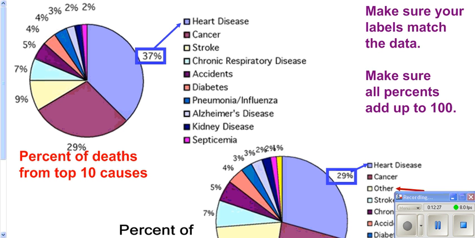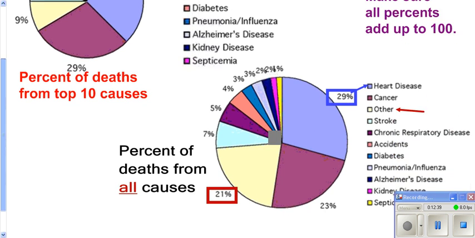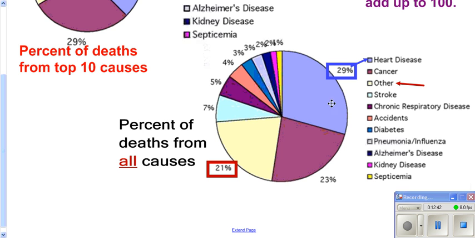Now, with your pie charts, here's the same chart we were just looking at. We know our heart disease was 37%. And once again, that was of the top 10. However, your pie chart's going to look a little bit different when you include everybody. Down here, we're looking at all causes of death. In other words, we have this other category.